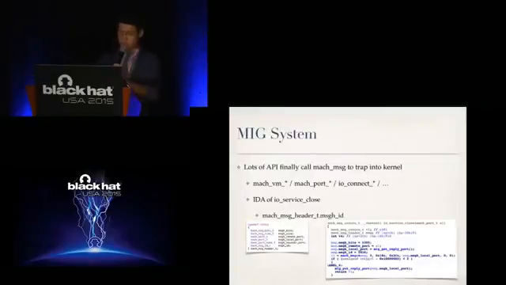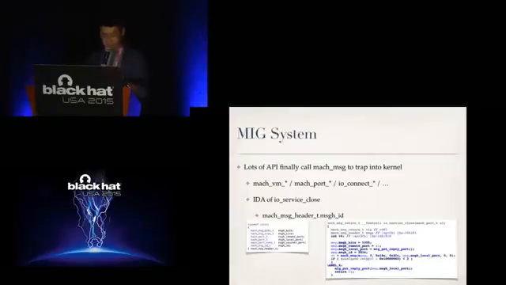After I talk about the IOKit traps, we move to another part, which is the MIG system. The MIG system is basically built on a very low-level API called mach_msg. Actually, a lot of APIs finally call this one to trap into the kernel and dispatch the messages in the kernel.